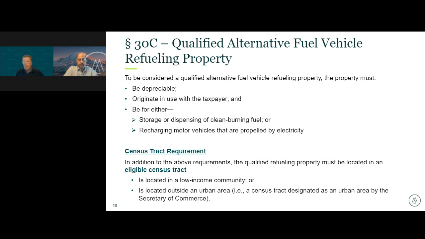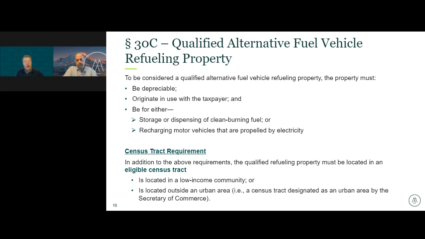And again, there are mapping tools that you can find on the internet in order to spot check this yourself. It's something that Moss Adams frequently does for our clients. We get a list of locations and we're able to very quickly determine whether or not you're located within or without of a census tract that would allow you to qualify for it. Sometimes there can be a difference between what is 123 Main Street versus 124 Main Street.